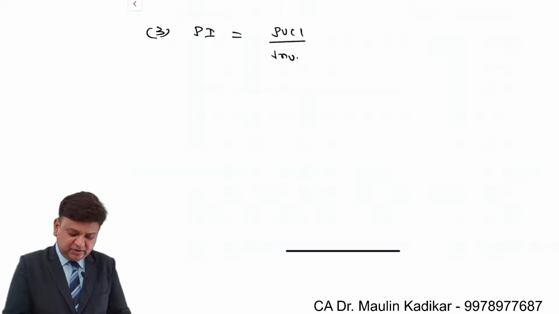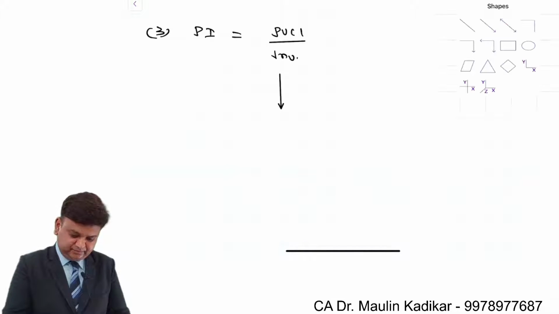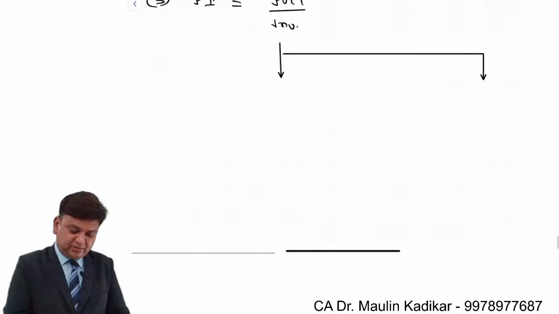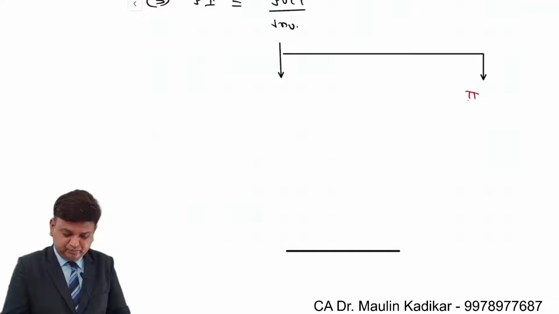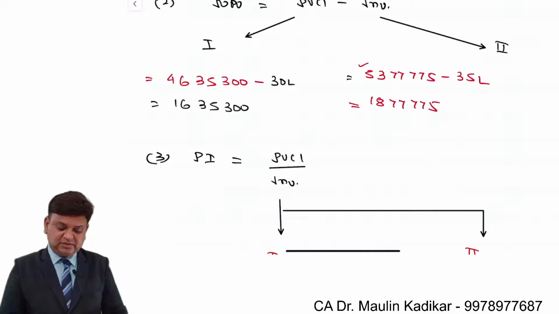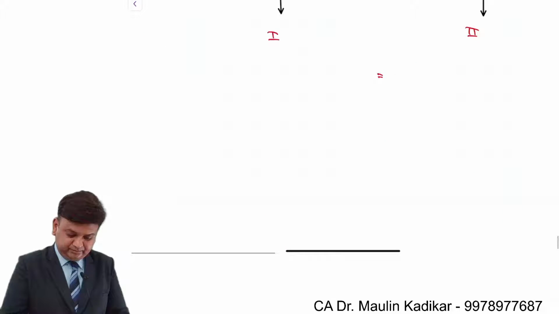Again, it will be calculated for both the projects, for option number 1 and option number 2. For the second option, it is this, 53,77,775 divided by investment of 35 lakhs.